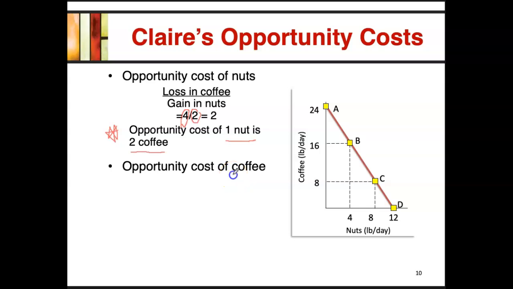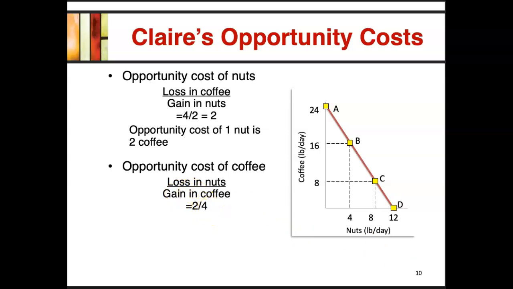So we set the opportunity cost of coffee. We know coffee should go in our denominator and nuts should go in our numerator. So we have the loss in nuts divided by the gain in coffee.